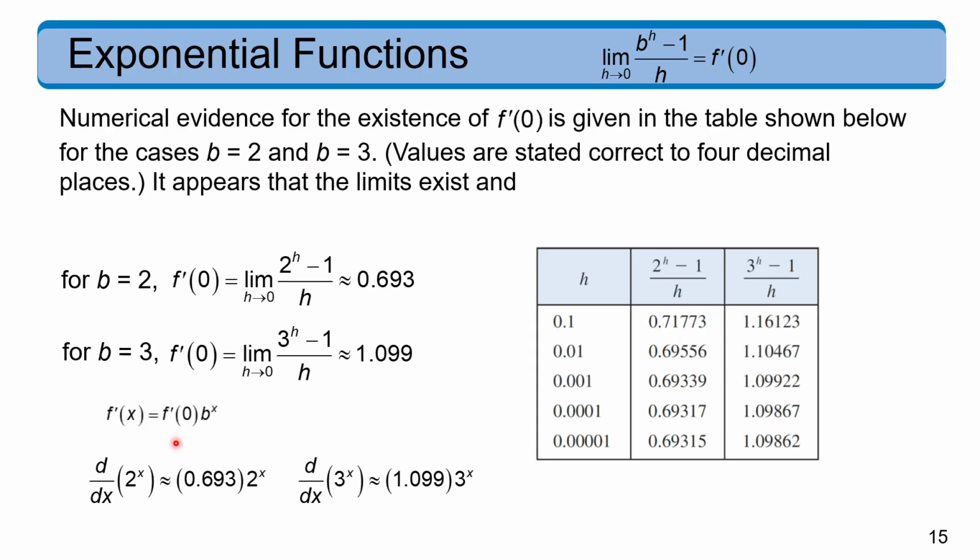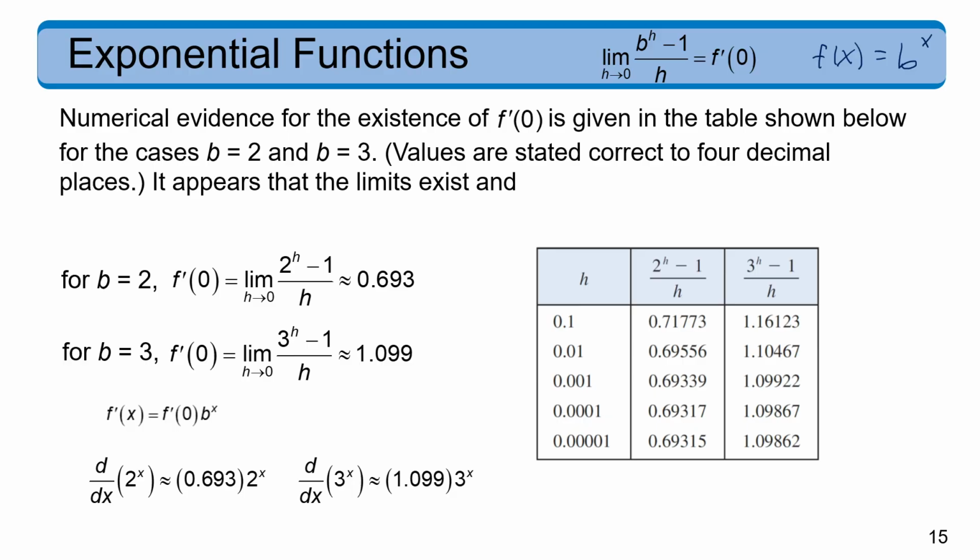So we've developed this formula down here for f prime of x if your f of x is this exponential function b to the x. And we were discussing that this f prime of 0 will be different depending on what exactly the f of x looks like, right? So I guess we didn't write it in here. We're dealing with f of x equals b to the x.